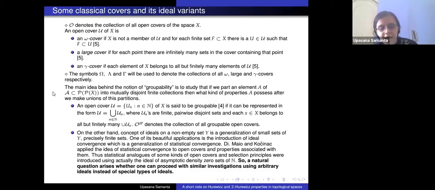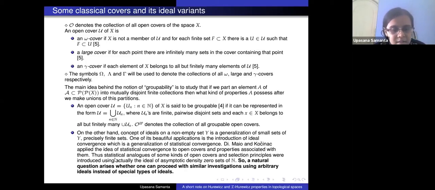But on the other hand, the concept of ideals on a non-empty set Y is a generalization of small sets of Y, precisely finite sets. One of its beautiful applications is the introduction of ideal convergence, which is a generalization of statistical convergence. Maio and Kočinac applied the idea of statistical convergence to open covers and properties associated with them.